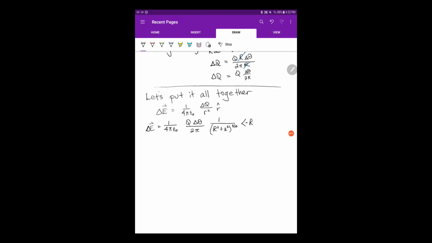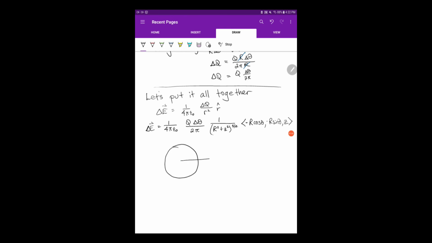And then our vector minus r cosine theta, minus r sine theta, z. And so our summation variable is delta theta. So we're going to be adding up all of the contributions around the ring as we increase theta by some increment delta theta. But before we worry about doing that, let's take a look at the problem again.